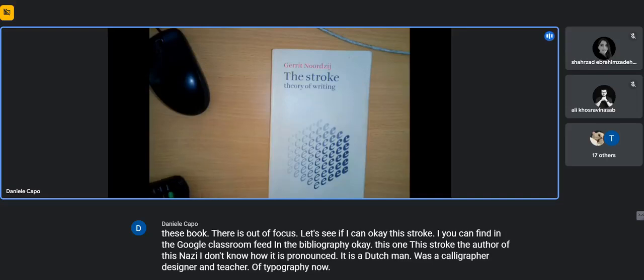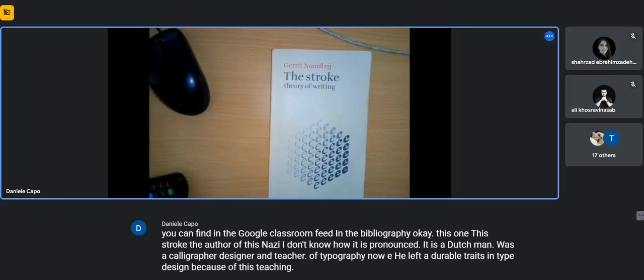Now, he left a durable trace in type design because of his teaching.